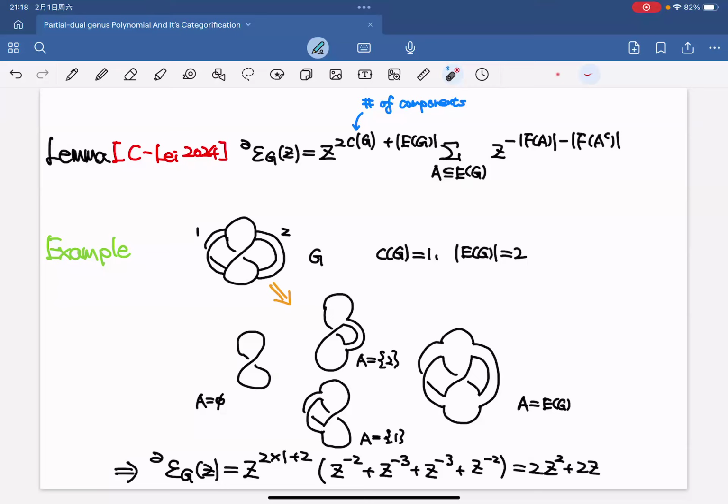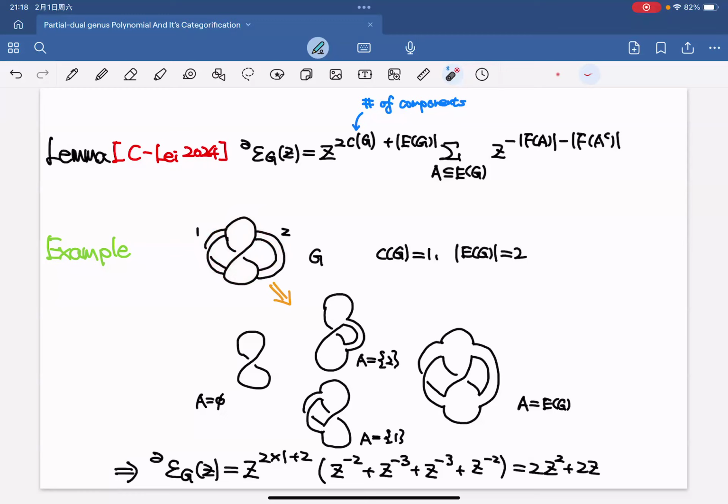So here is an example. This is a very simple ribbon graph. I put a half twist here, but you can see that this is just one disk, and we have two edges here, 1 and 2.